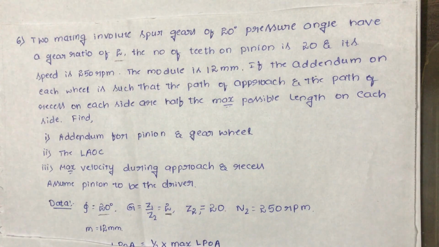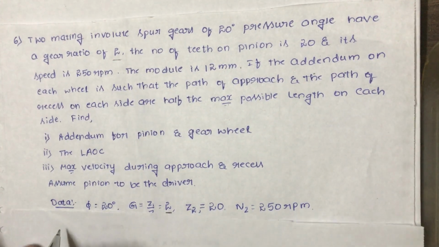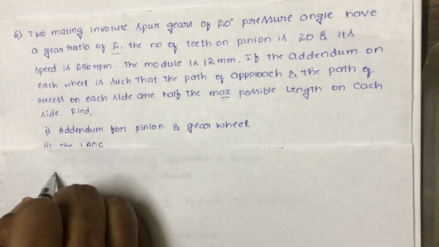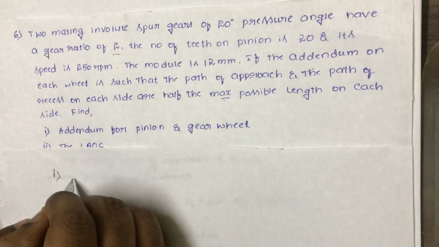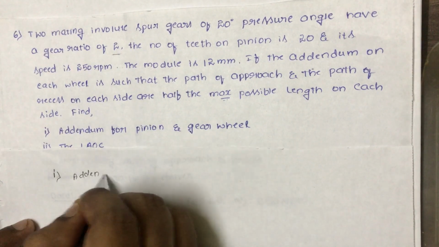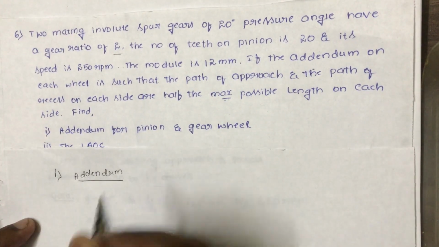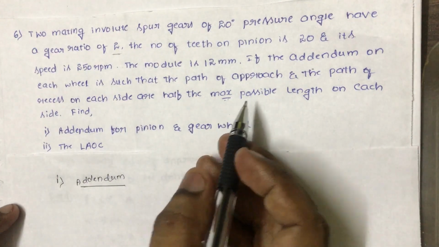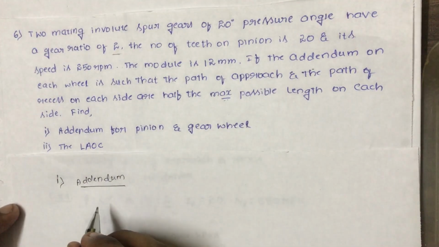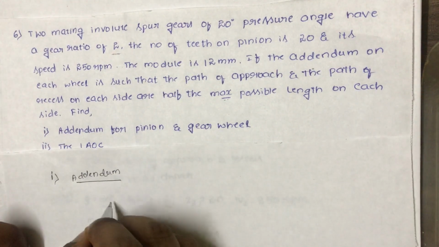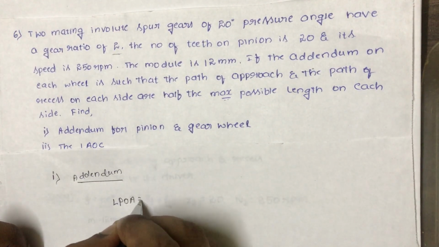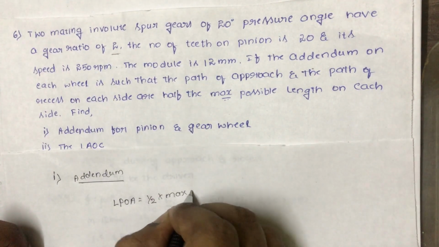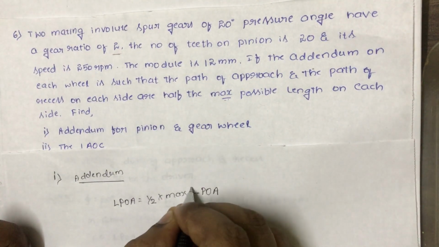Okay, so first one, we need to find out the addendum, correct? So addendum can be found by using this statement, that he has given that LPOA is equal to half of maximum LPOA, correct?